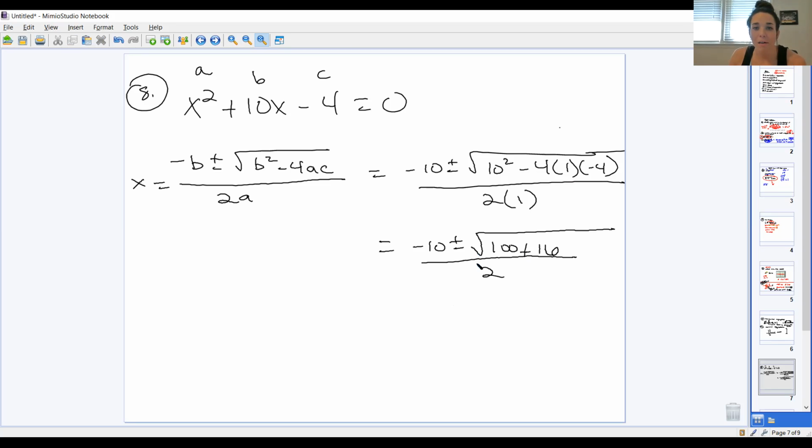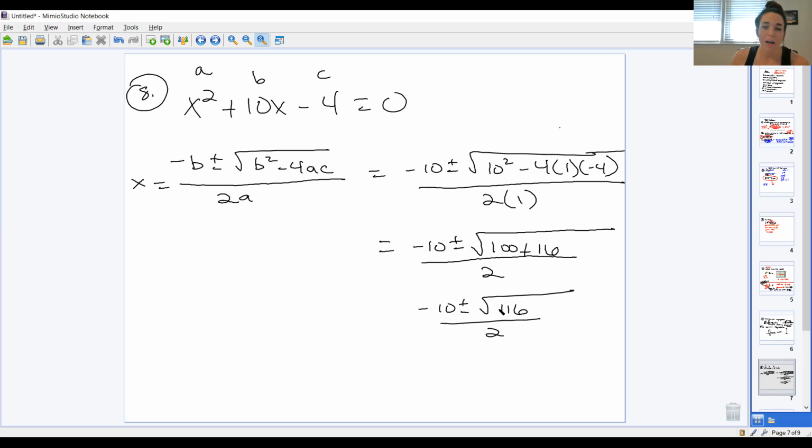I'm still going to simplify what's underneath the radical. So that gives me -10 plus or minus the square root of 116, divided by 2. Now, if everything on the outside is divisible by 2, then I would simplify. But since I can't, I can only simplify what's underneath this radical. Back in Unit 1, we talked about simplifying radicals.